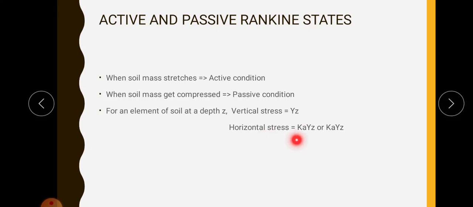So horizontal stress, or lateral earth pressure, is K into gamma into z. These are the basic things we studied in the at rest condition.